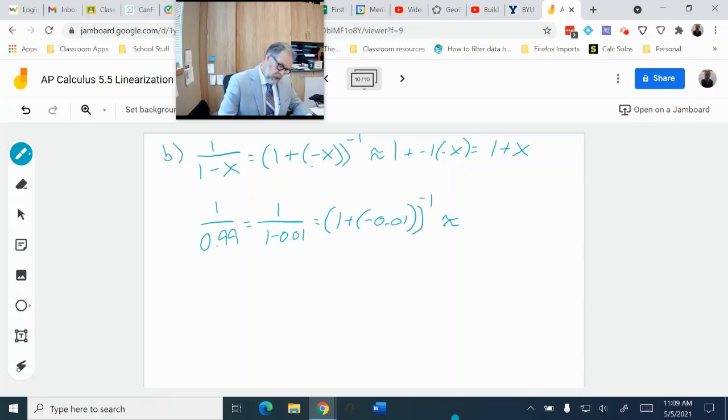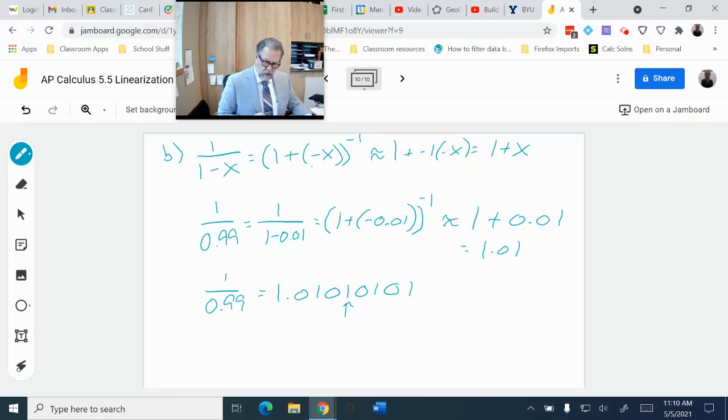And this is approximately 1 plus 0.01, which is 1.01. So let's type it in. 1 over 0.99 into our calculators is equal to 1.01010101, and you probably realize that goes on forever. Notice that we're accurate to the 4th decimal place.